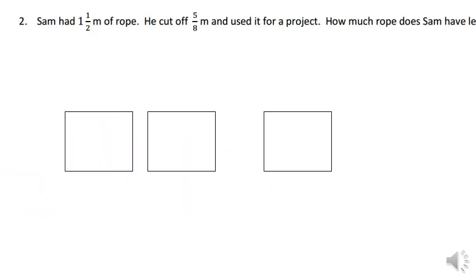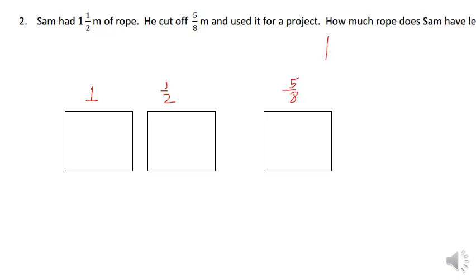Number 2. Sam had 1.5 meters of rope. He cut off 5/8 meter and used it for a project. How much does he have left? Okay, so I can see we have 1.5. It says he cut off 5/8.